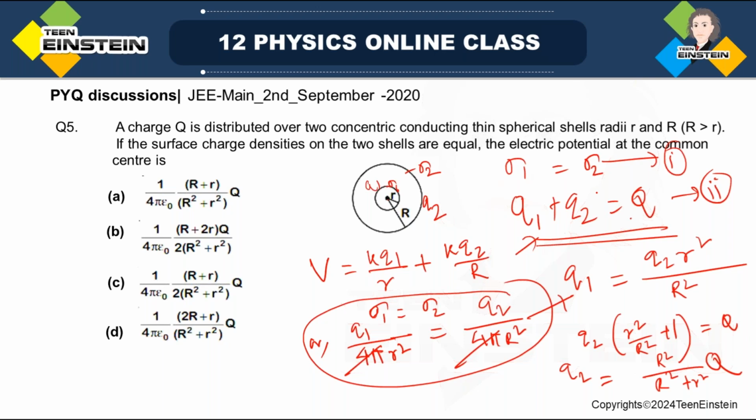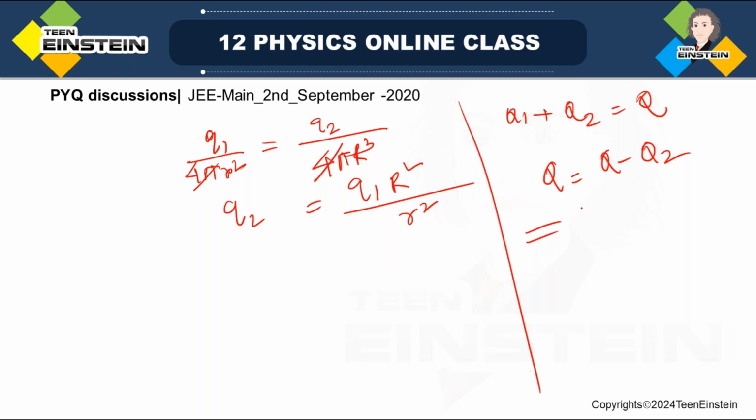So this is how you have to actually calculate, say, q minus q2. So q minus q2 is actually q1. No, I should not bring again q1. q2 I had already got.